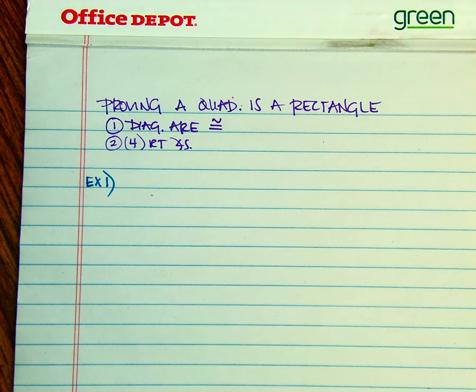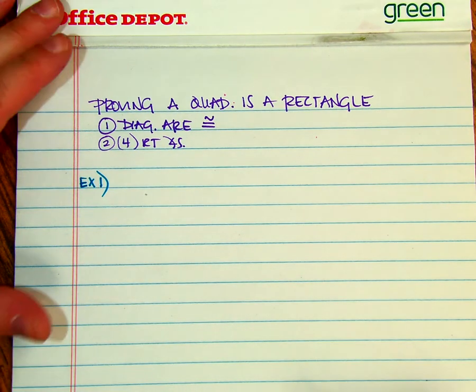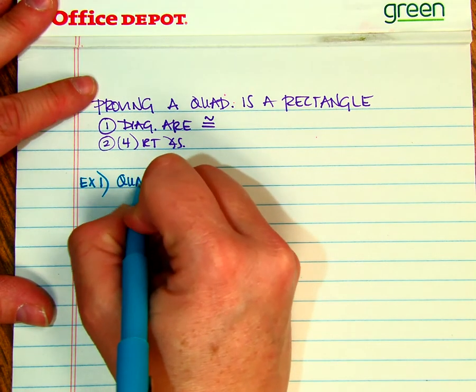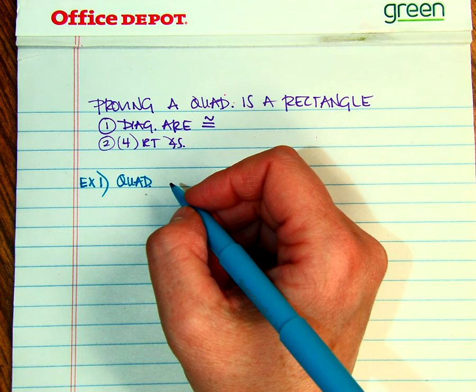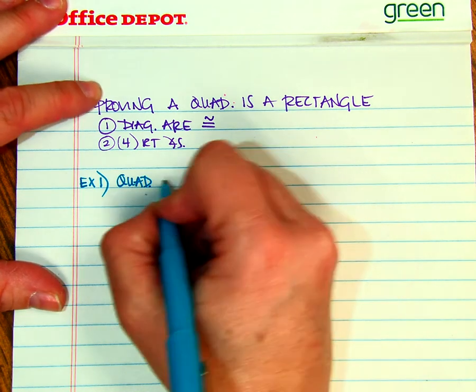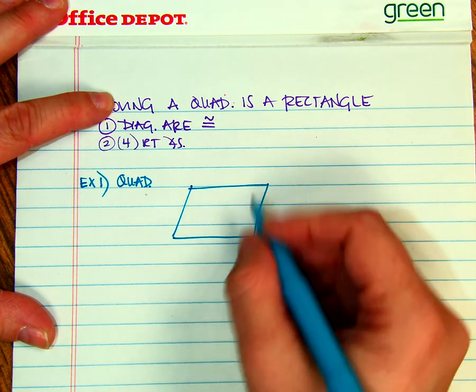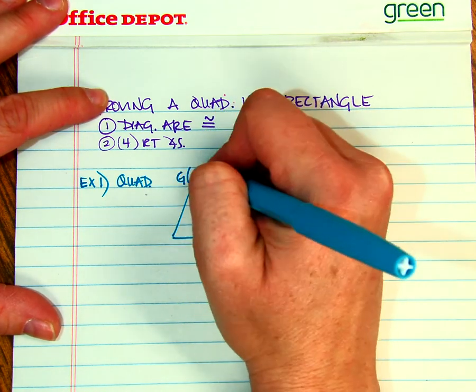So I have quadrilateral GHIJ. G is at the ordered pair of 1, 1.